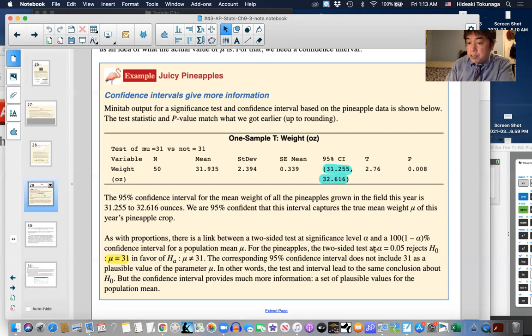For alpha level 0.05, we reject the null, mu equals 31, in favor of the alternative hypothesis, mu is not equal to 31. The corresponding 95% confidence interval does not include 31 as a plausible value of the parameter mu. Just read through here and you will understand.